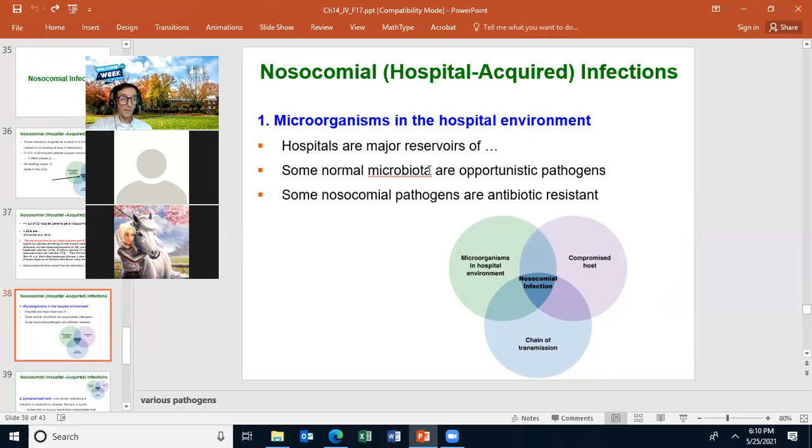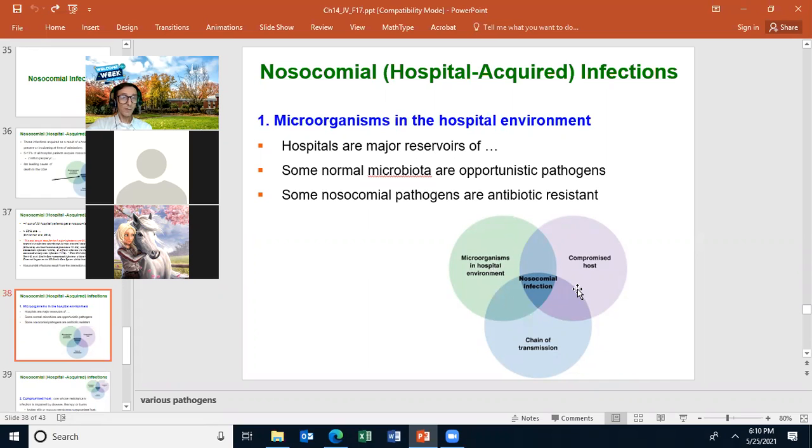But hospitals are a major reservoir of sick patients, and sick patients have the nosocomial infective agents. Okay? So hospitals are a major reservoir of nosocomial infective agents. And you have to make sure that that agent doesn't spread from one patient to another.